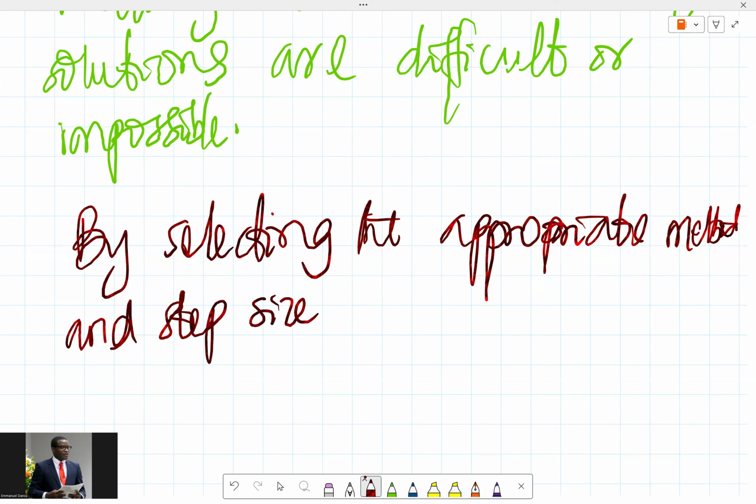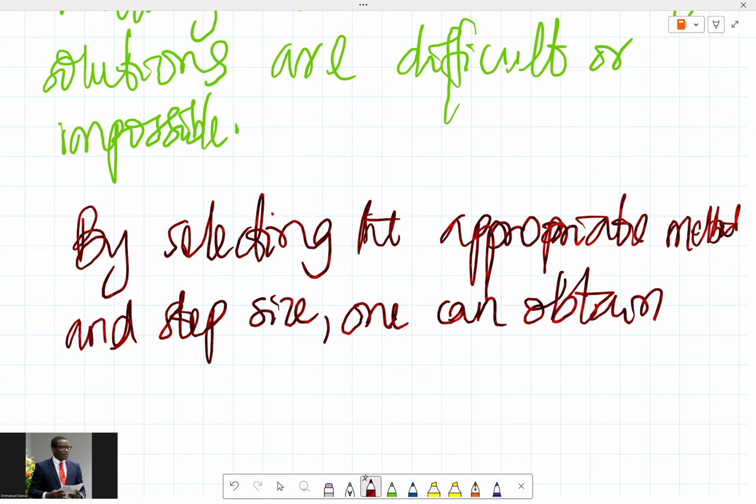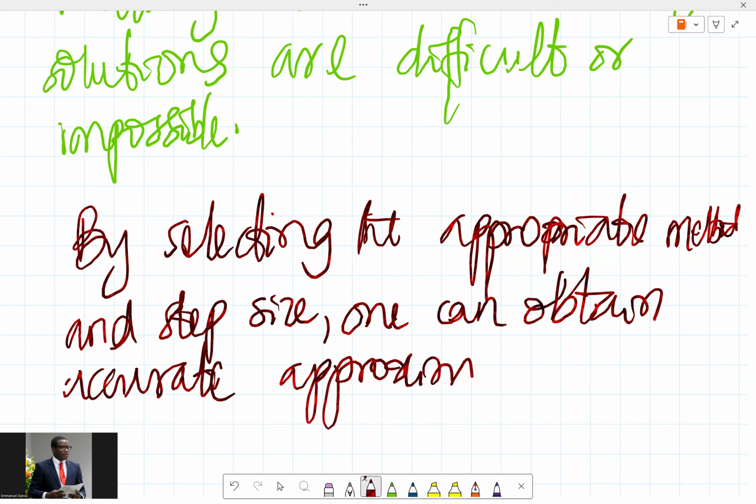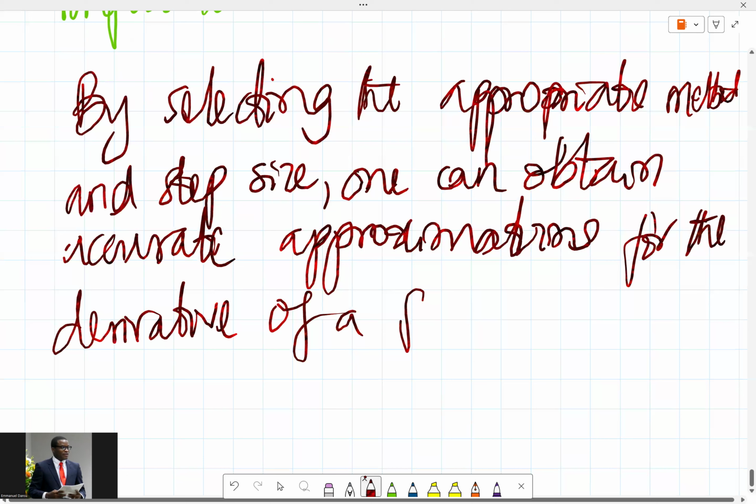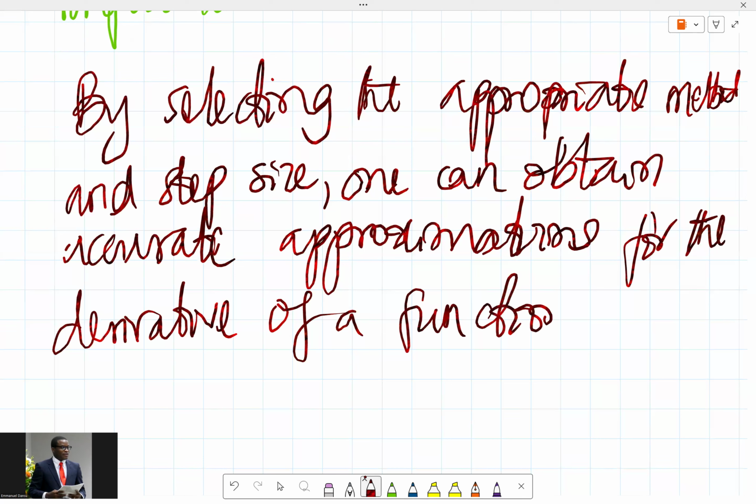By selecting the appropriate method and step size, one can obtain accurate approximations for the derivative of a function based on discrete data.